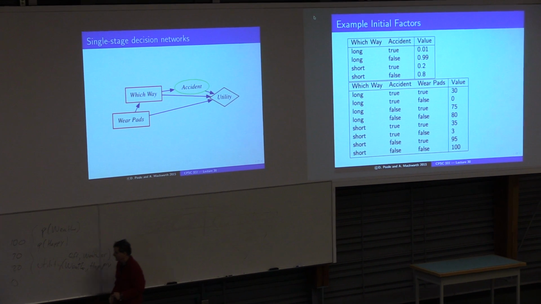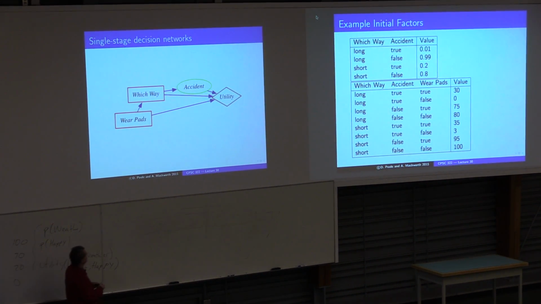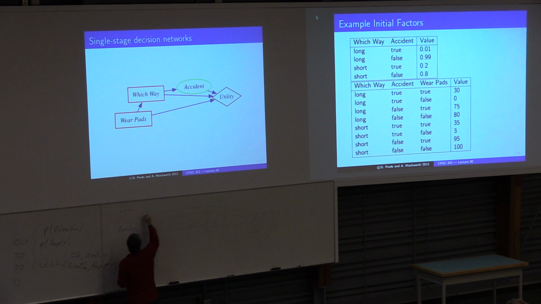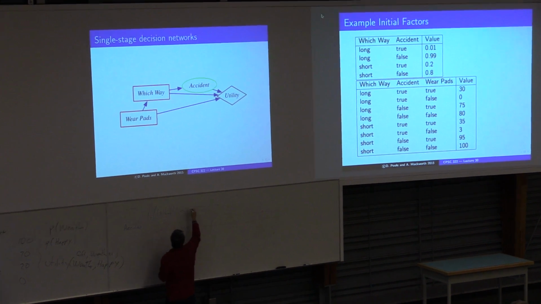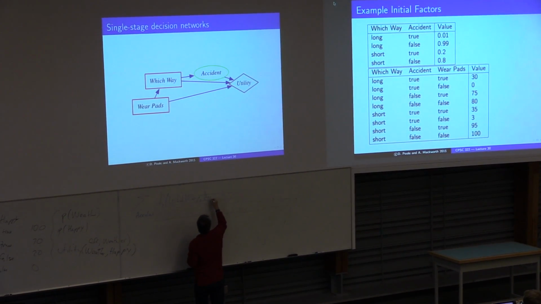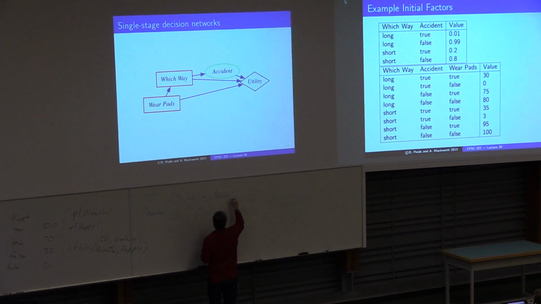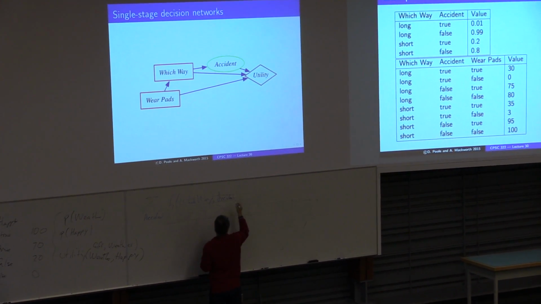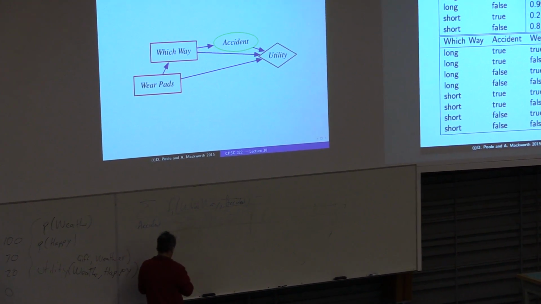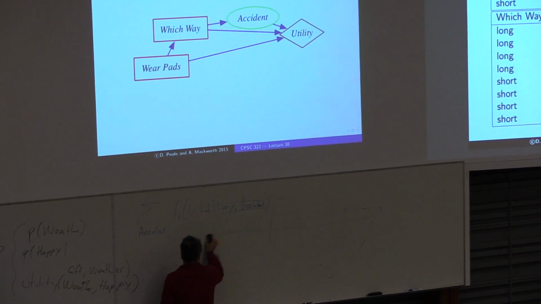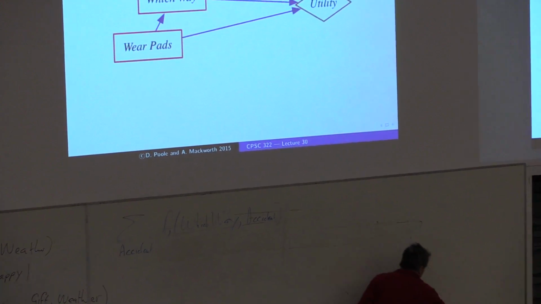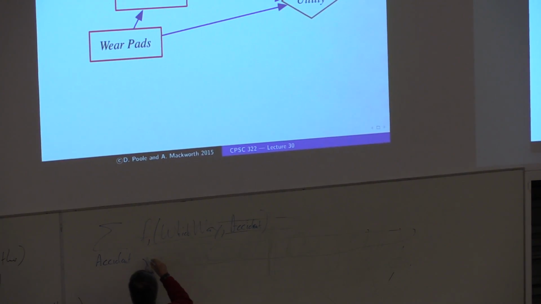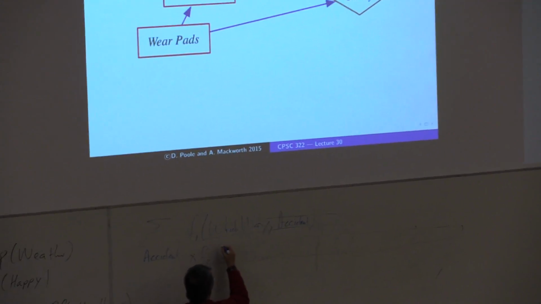Now I'm going to sum out, we're going to sum over the accident of this factor 1 of which way and accident, times this other factor of which way, accident and wear pads.